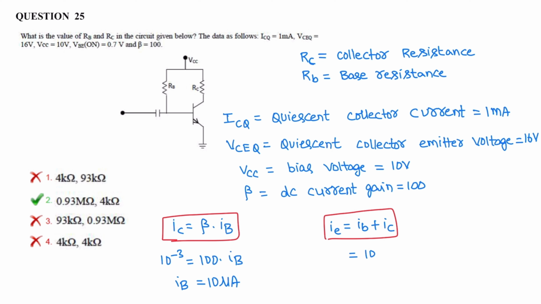Collector current is 1 milliampere, that is 1000 microampere, plus 10 microampere, 1010 microampere, that is 1.01 milliampere. This is the emitter current.